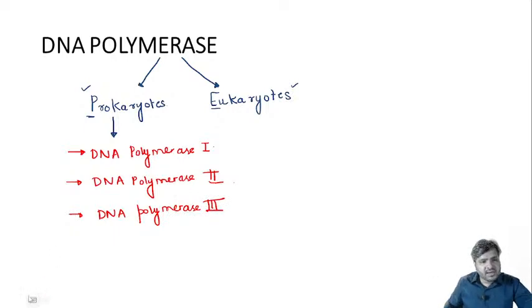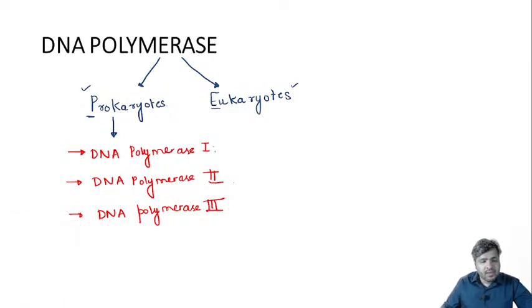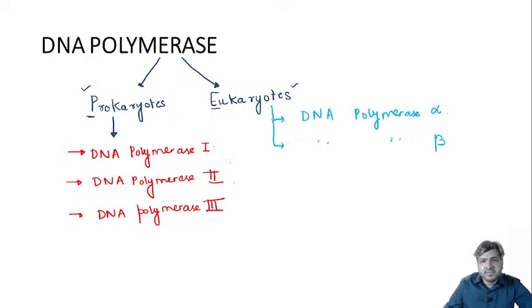Coming on to the eukaryotes, guys, we have 5 types of DNA polymerase that you all should remember: DNA polymerase alpha, DNA polymerase beta, DNA polymerase gamma, DNA polymerase delta, and DNA polymerase epsilon.